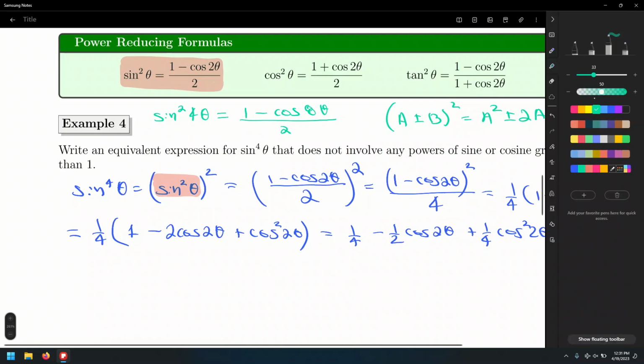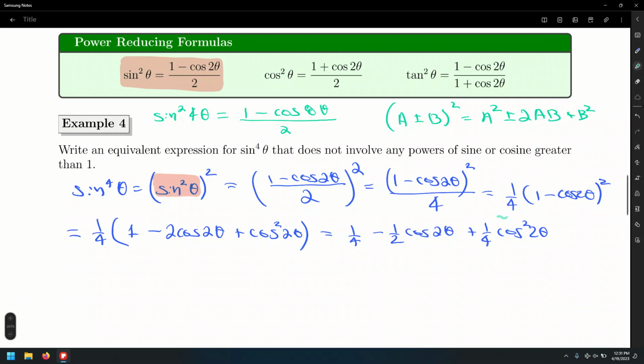Let me do another highlight here. How about we replace this cosine squared 2 theta with the identity that we have over here. And now, as pattern recognition, both formulas look almost the same. They involve a 1, a cosine 2 theta, and a division by 2.